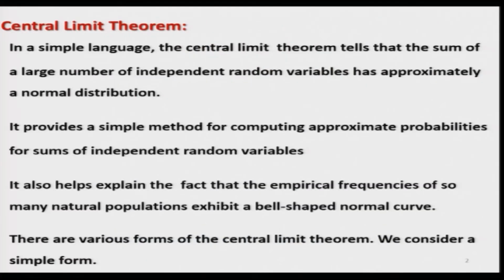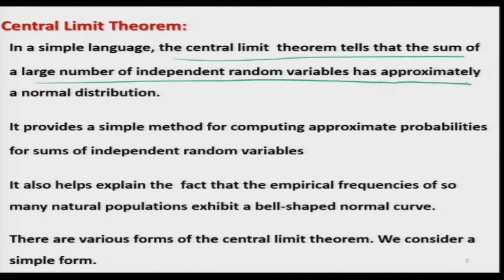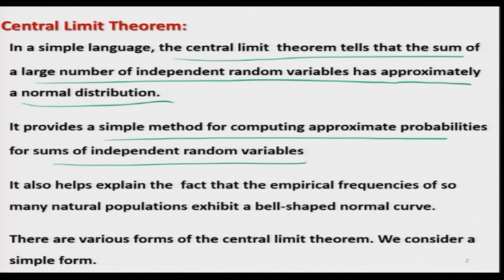So what is this central limit theorem? In very simple language, the central limit theorem tells us that the sum of a large number of independent random variables has approximately a normal distribution. And it gives us a very simple method for computing approximate probabilities for sums of independent random variables.